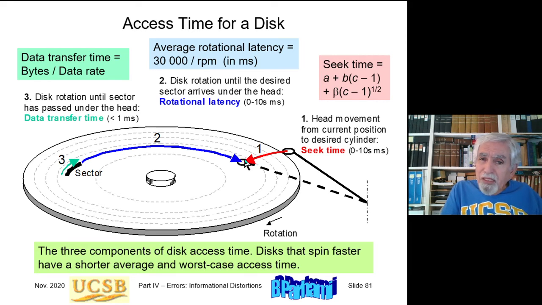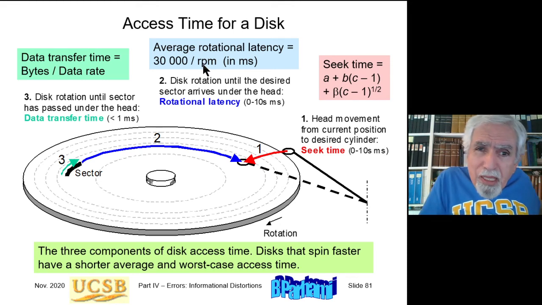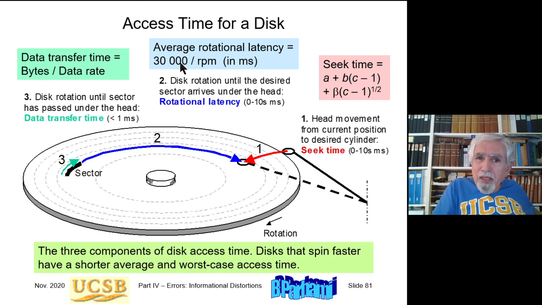If you're very unlucky, the data just passed under this point and it's here, you have to wait a full rotation to get the data. So on average, half a rotation is needed. And that half a rotation is obtained from this formula: 30,000 divided by the RPM for the disk. So if the RPM is 3,000, this will be 10 milliseconds.